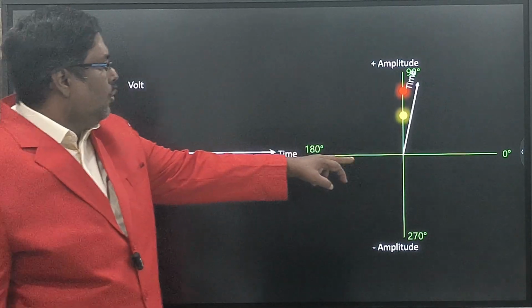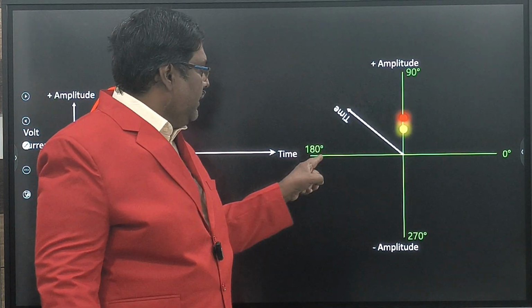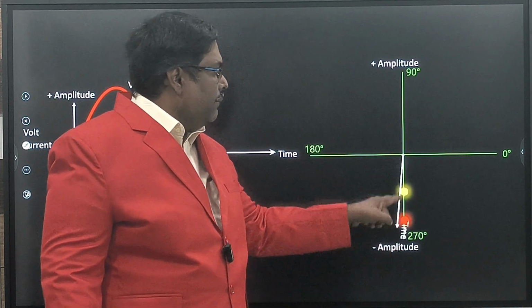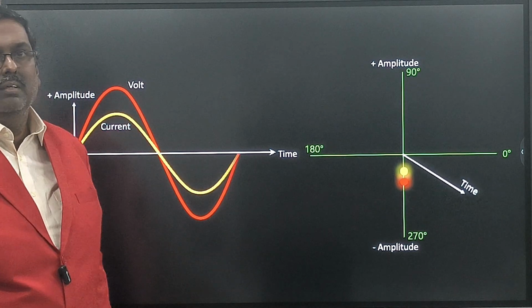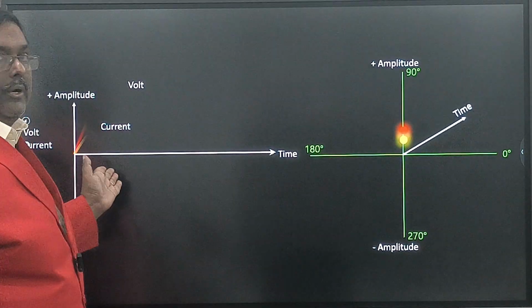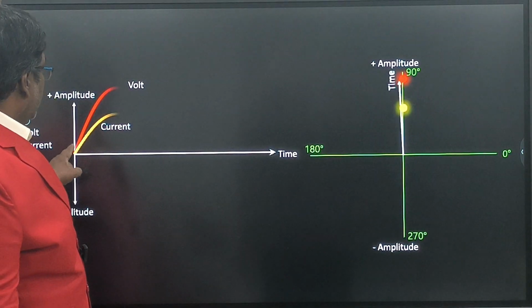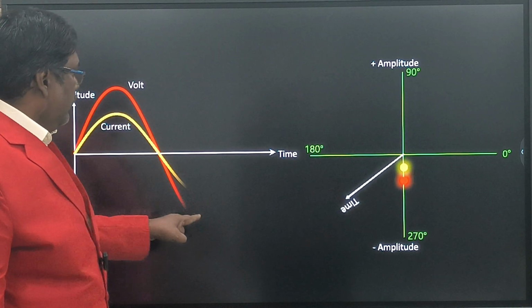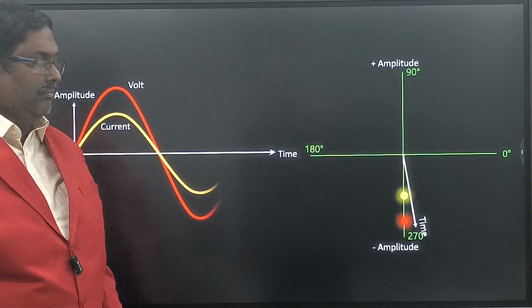So in one direction it is going up and coming down in 180 degree. In the remaining 180 degree, it goes to the maximum in the negative direction and comes back to 0. Okay, the same one we are putting here. You see, it is going up to 180 degree, here 180 degree and here 360 degree.